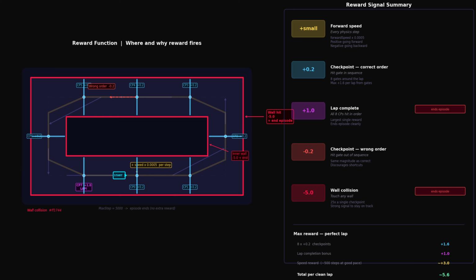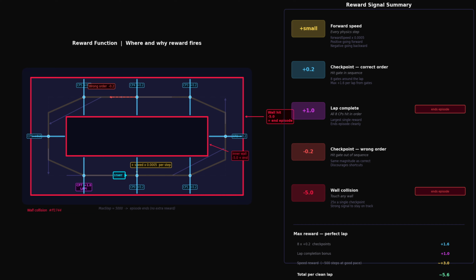This is the constant pressure that teaches the agent to keep moving forward. The second layer is a checkpoint system. There are 8 gates around the lap. Hit one in the correct order, you earn plus 0.2 reward. If you hit one out of order, say the agent tried to cut back through a gate it already passed, it loses 0.2.